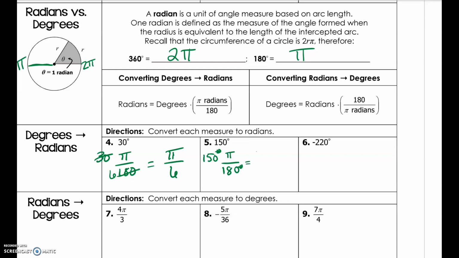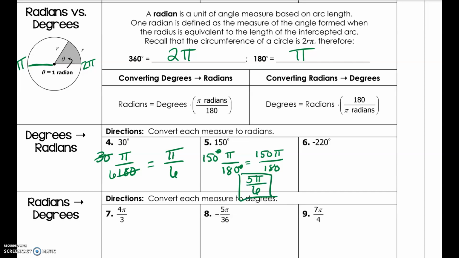So this time I'm going to write this 150 pi over 180. The last step is to reduce that. So if you divide the top and the bottom by 30, that reduces then to 5 pi over 6.